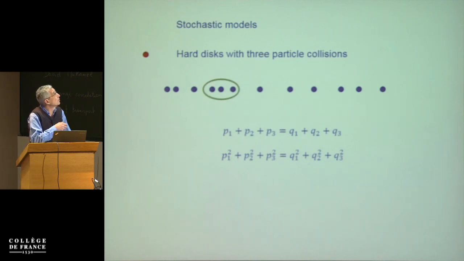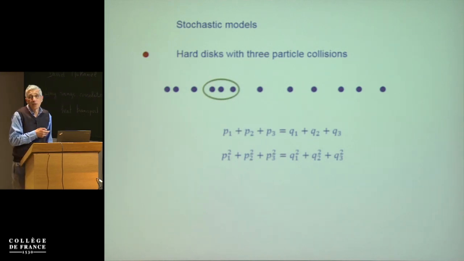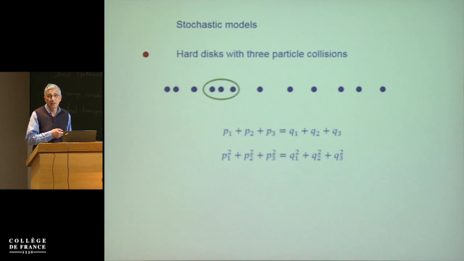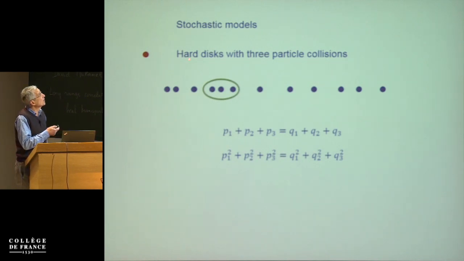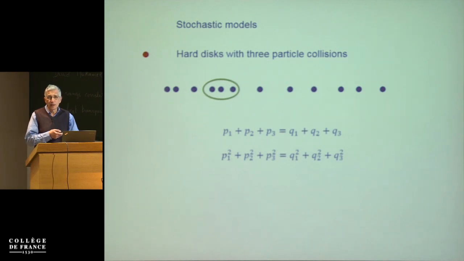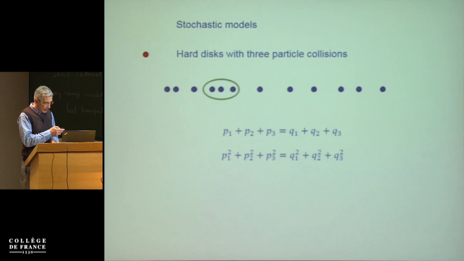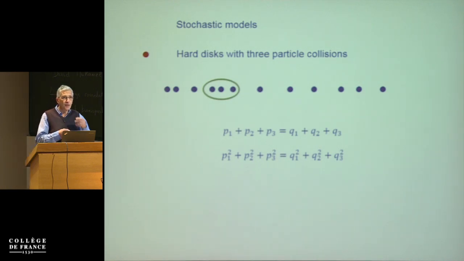Another set of models is that of stochastic models, where you put some stochasticity in the model. For example, you can think of hard disks with equal mass. So you have these hard disks, and they just move on the line. But in order to equilibrate them, you have to consider three-particle collisions.